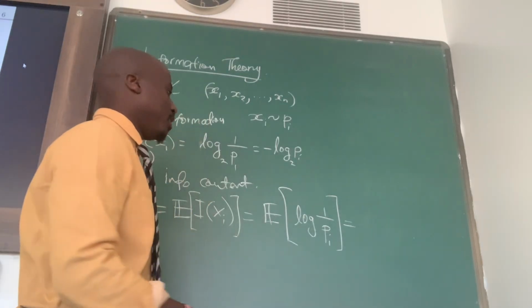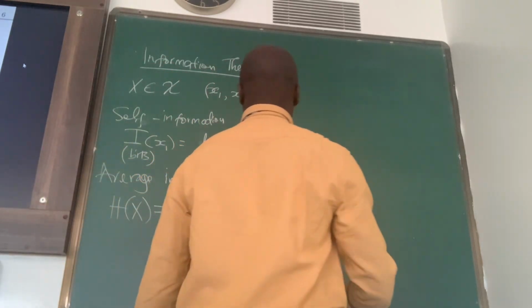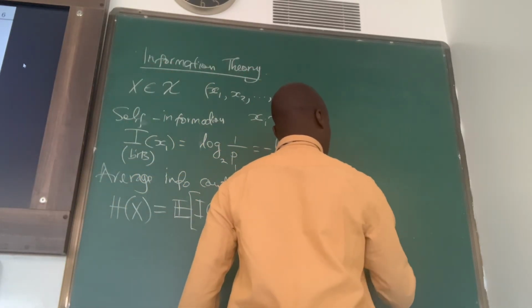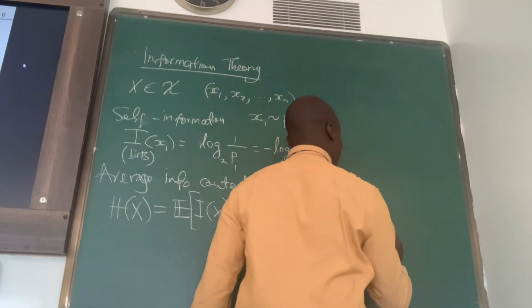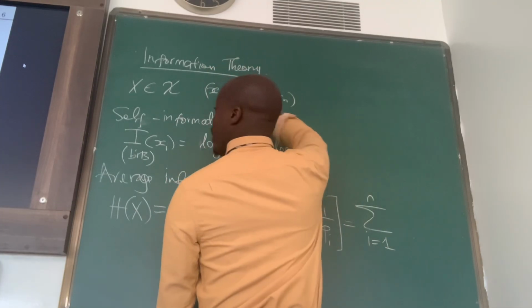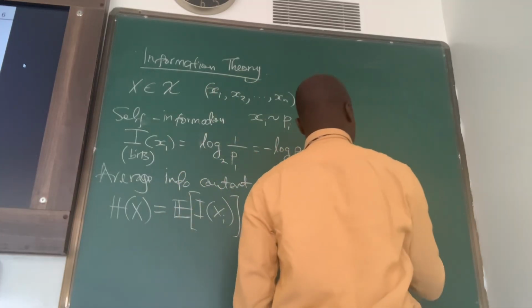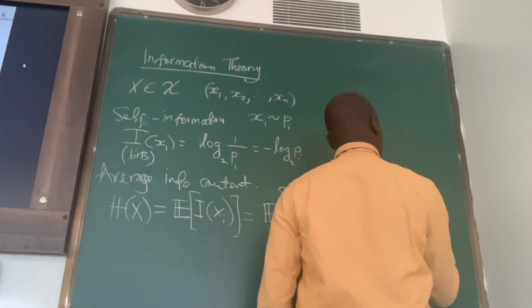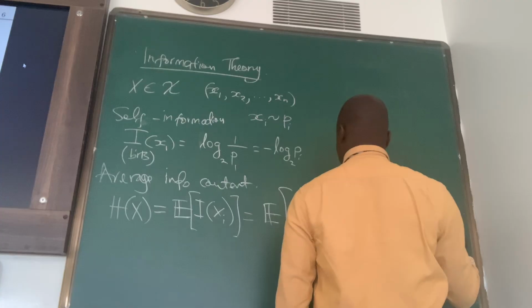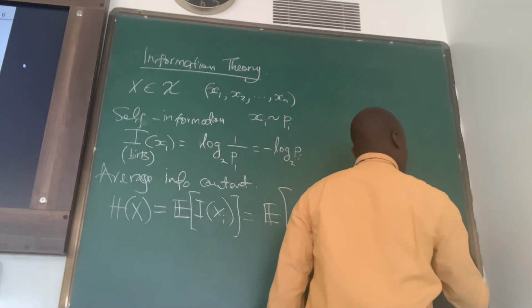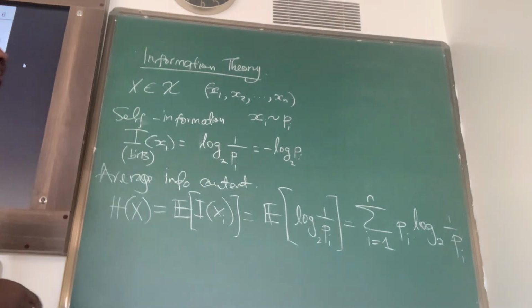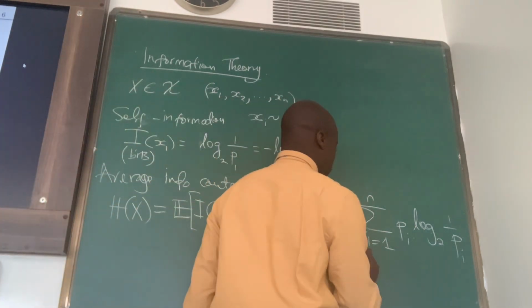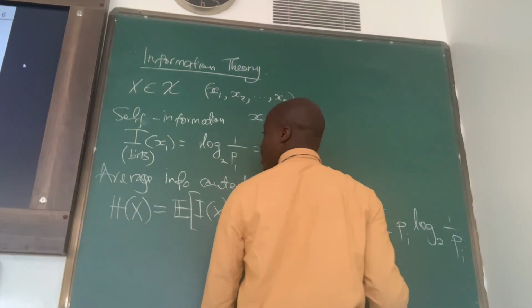So for the expectation, we just take the summation, because we are talking about discrete random variables. So from i equals 1 up to n, we have n of these random variables, then pi log to base 2 of 1 over pi. So that gives you the entropy, and the entropy is information bits per symbol. So the unit here is bits per symbol.